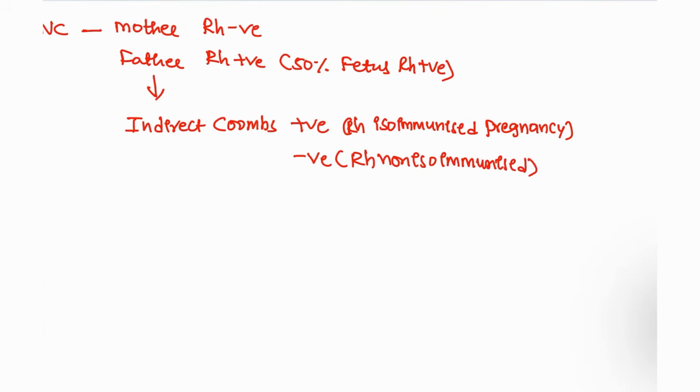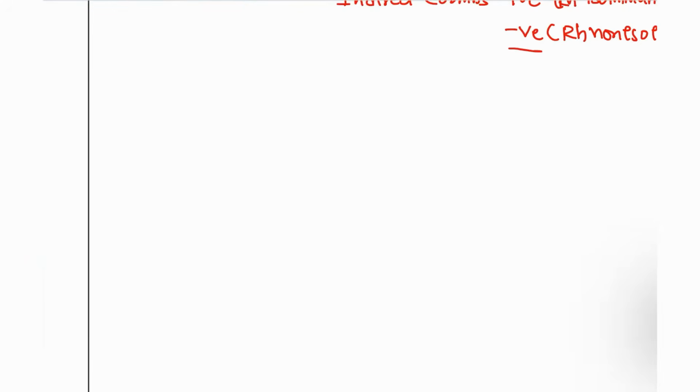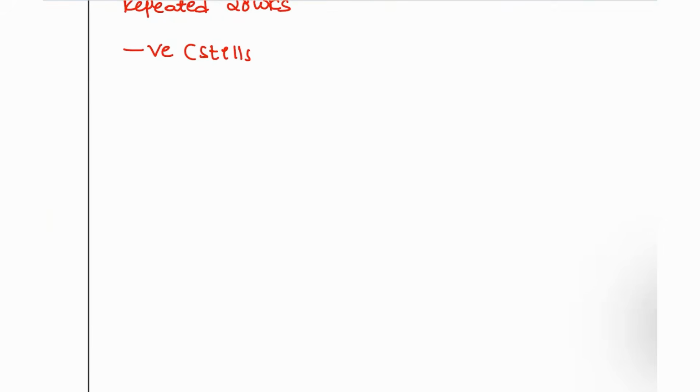Then what treatment protocol are we going to follow? If ICT is negative, the test should be repeated after 28 weeks. If it is still negative, then we are going to give Rh anti-D prophylaxis to this female.